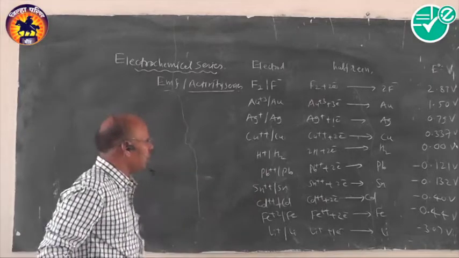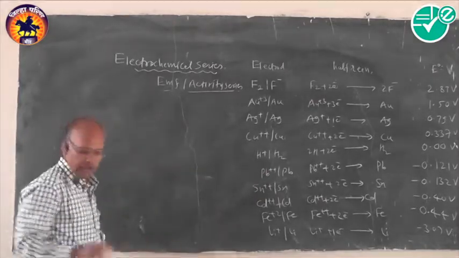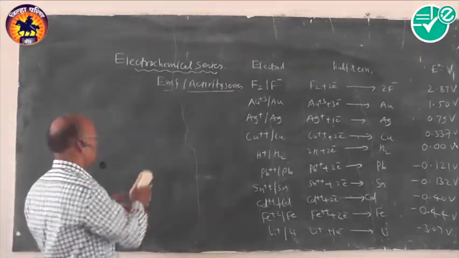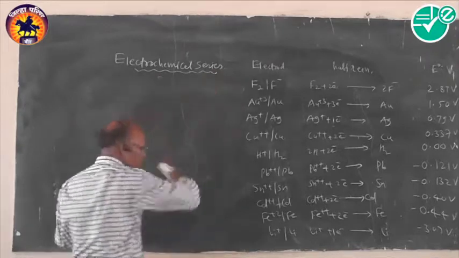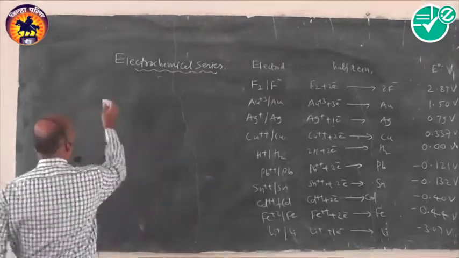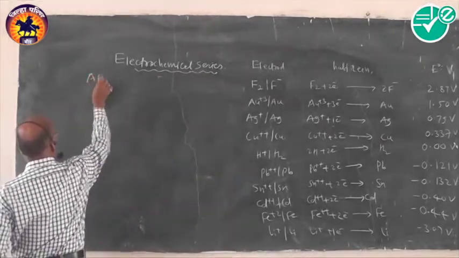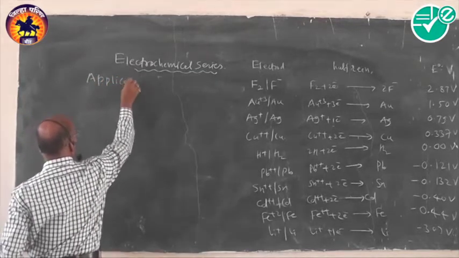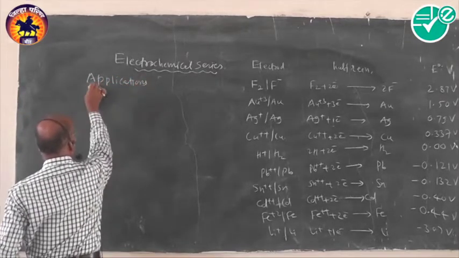Okay. After that one, let us have the applications of the EMF series. What are the applications for this series? Applications of electrochemical series. If you think about the applications, these are very simple ones.